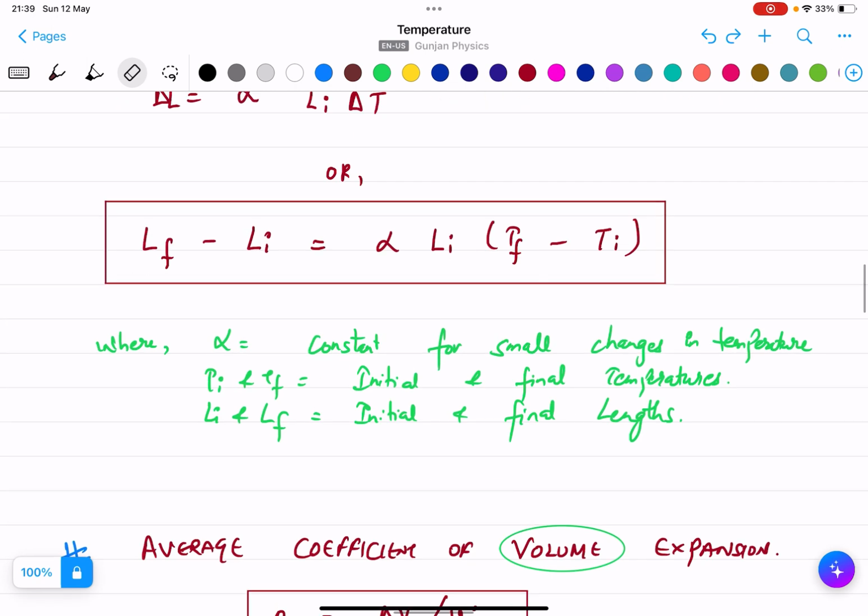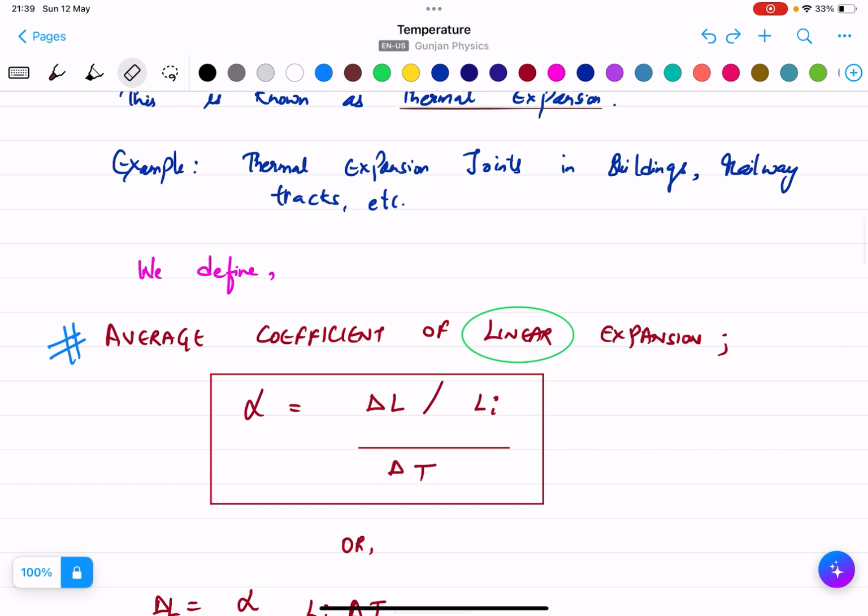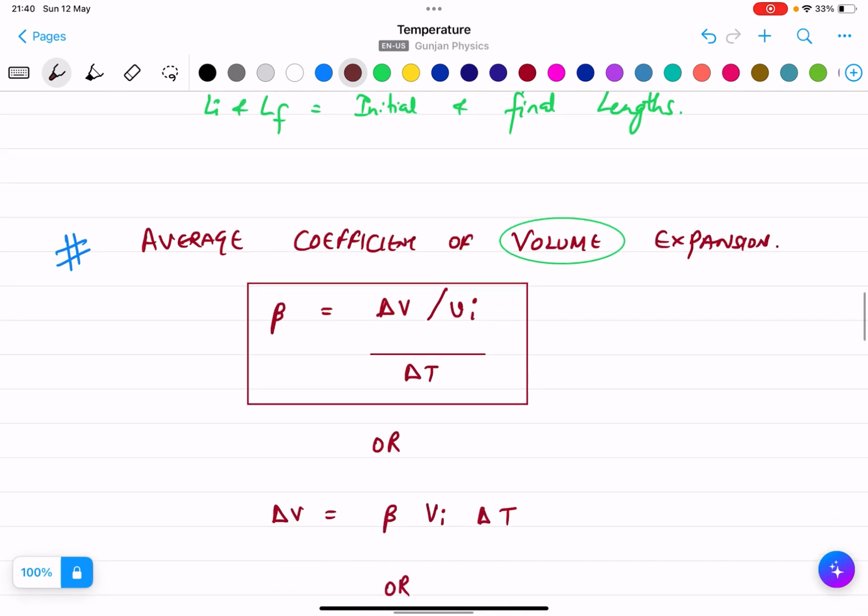It's the same formula. If I'm talking about alpha, I am talking about length. If I'm talking about beta, I am talking about volume.